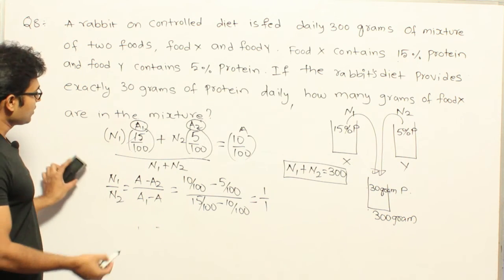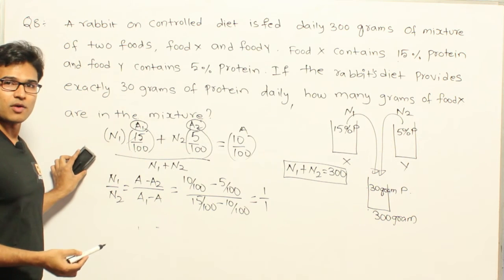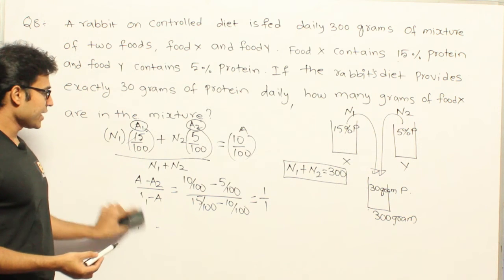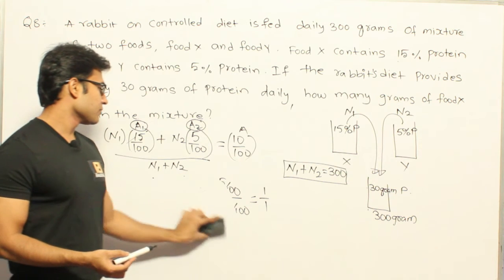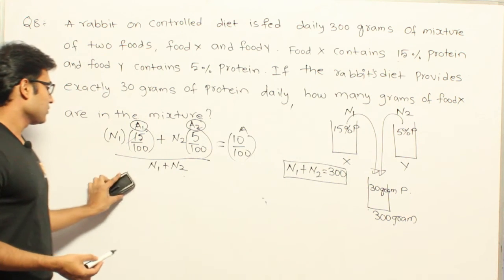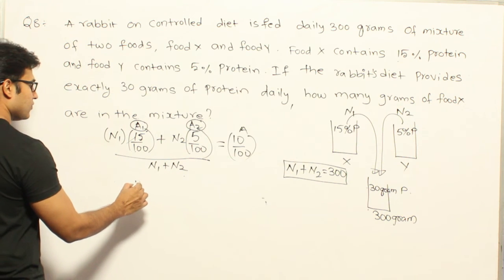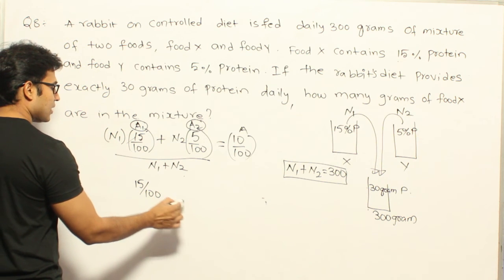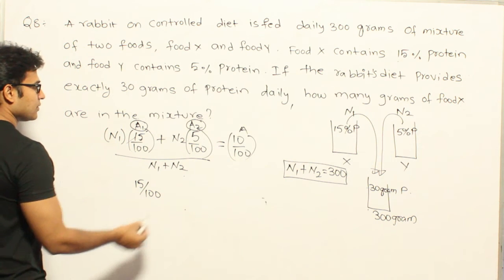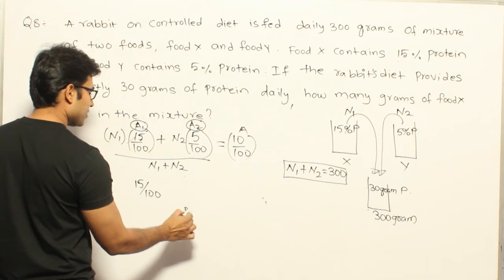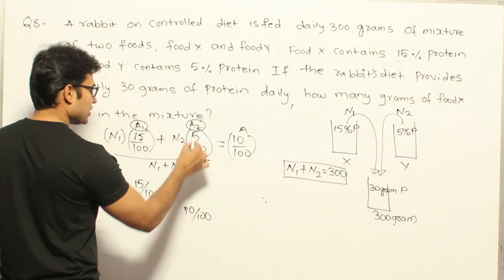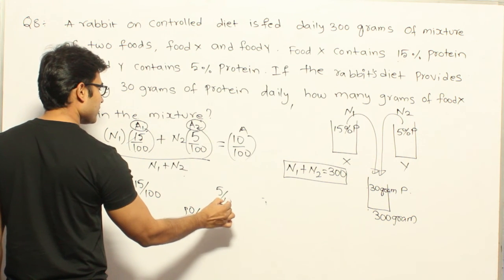Now if you see that this is again the alligations formula, you could have used that diagram, right? So what is the diagram? A1 is 15 by 100 and what is A? A means the final average, 10 by 100, and what is A2? 5 by 100, right?